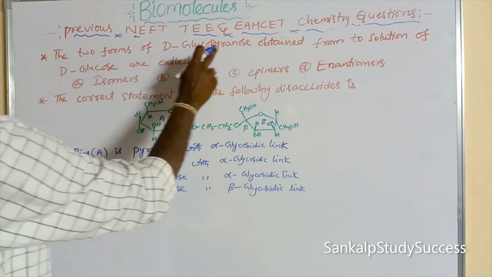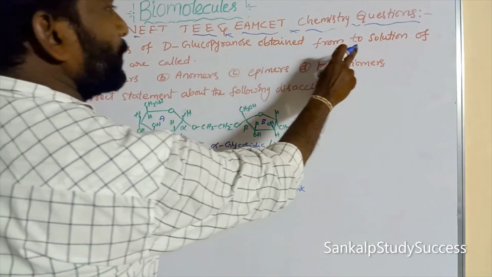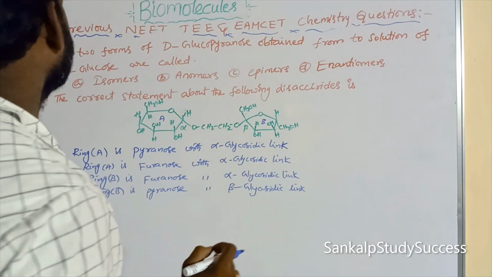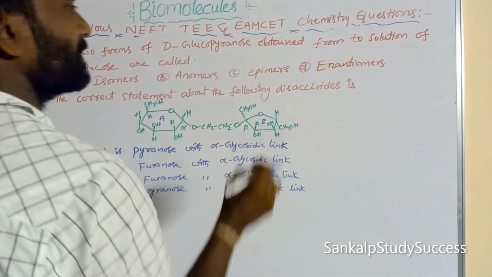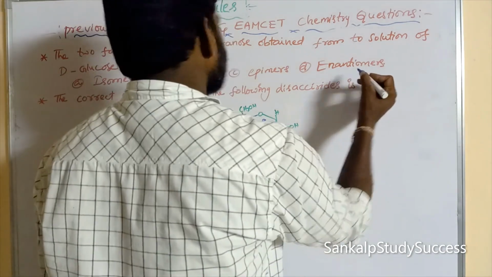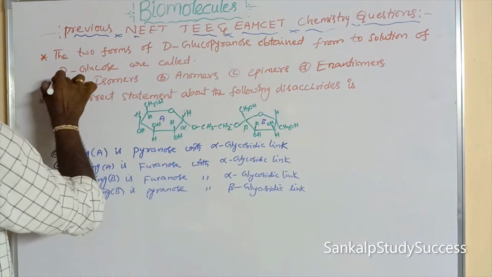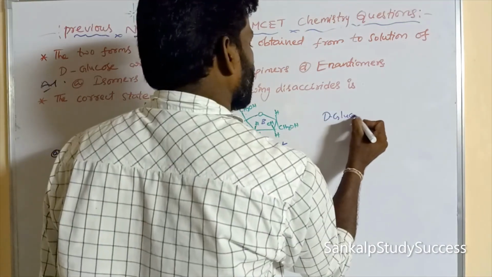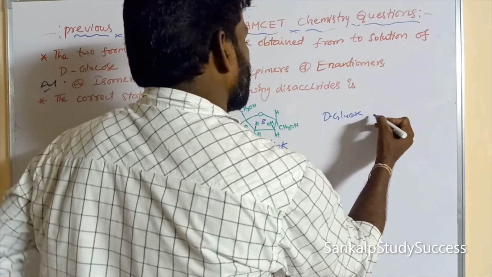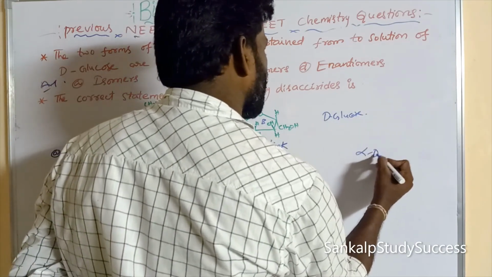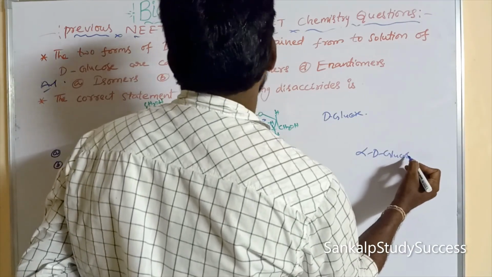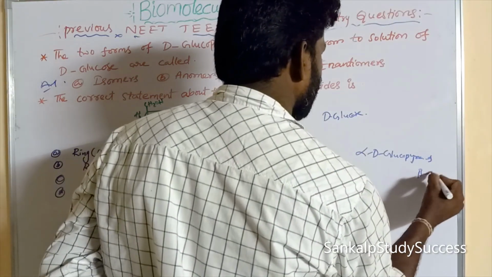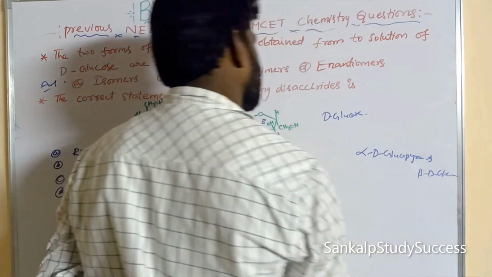The two forms of D-glucopyranose obtained from the solution of D-glucose are called, right, isomers, anomers, epimers, enantiomers. So this is also a direct bit. So the answer, we know that D-glucose in aqueous solution gives two isomers: alpha D-glucopyranose and beta D-glucopyranose.